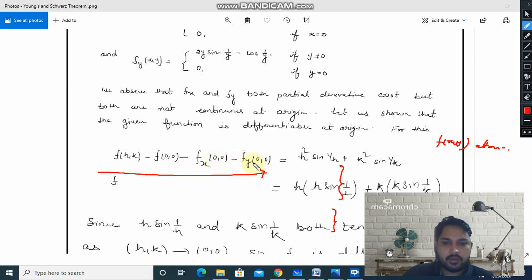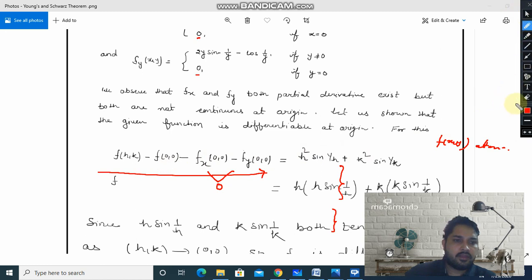So fx and fy at point (0,0), you can see here this is 0 and this is also equal to 0. So these two terms are equal to 0. So f(h,k) will be equal to h squared sine 1 upon h plus k squared sine 1 upon k, and f(0,0) is again 0.